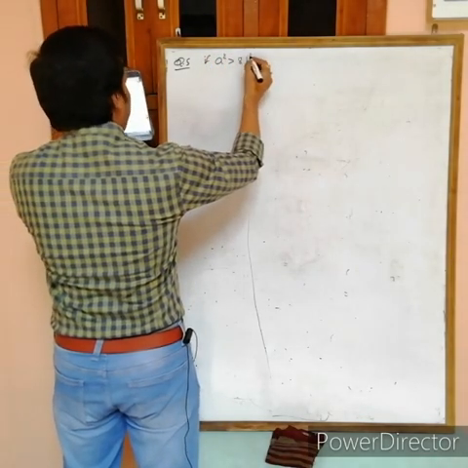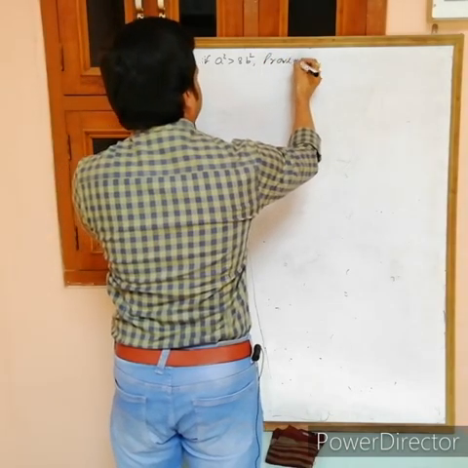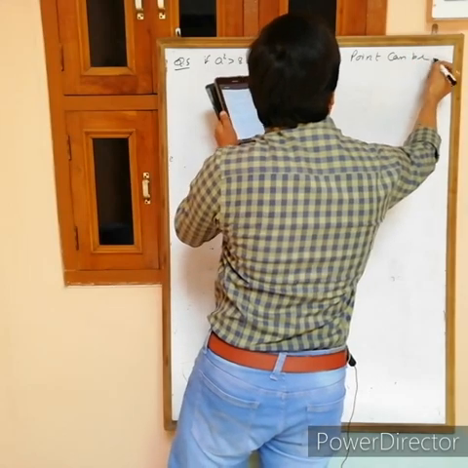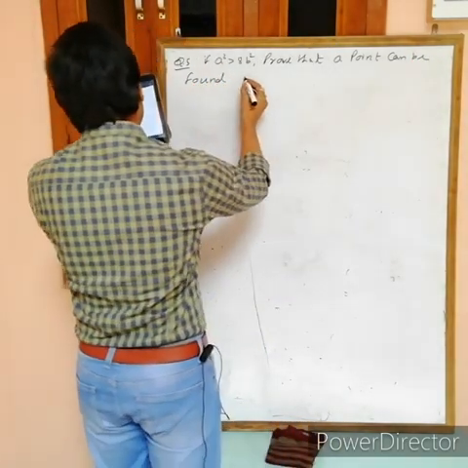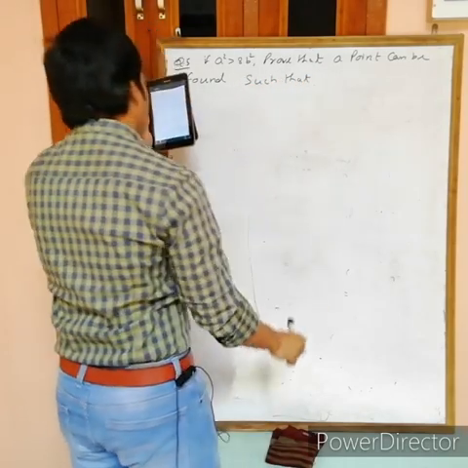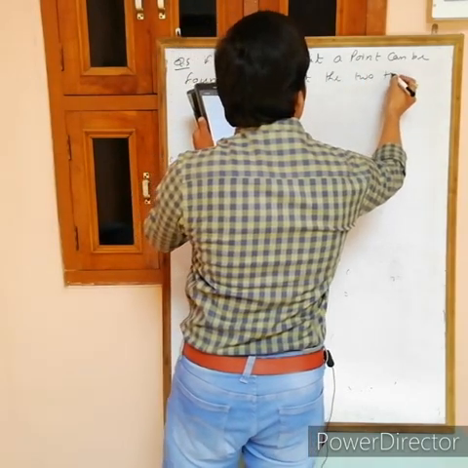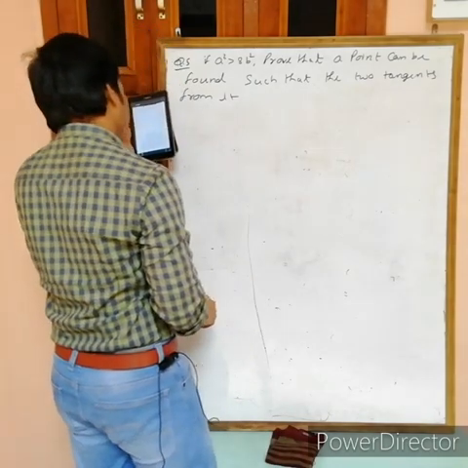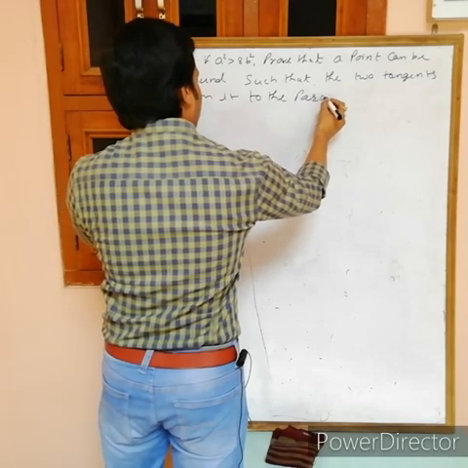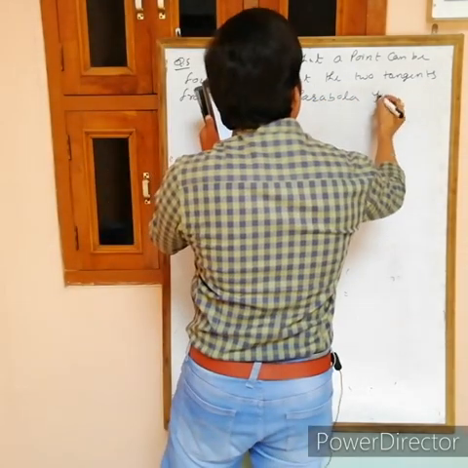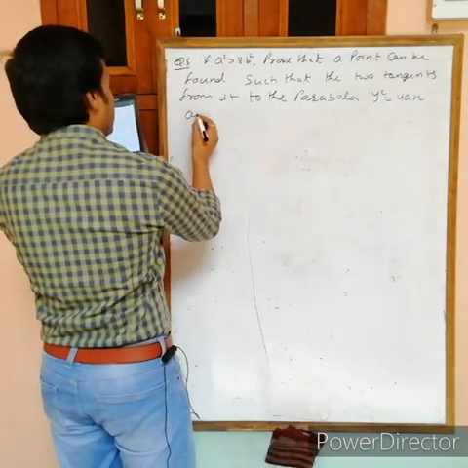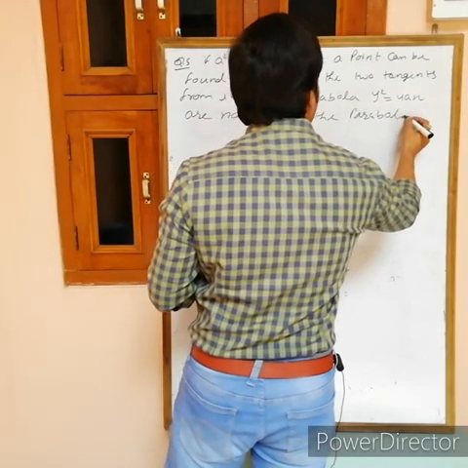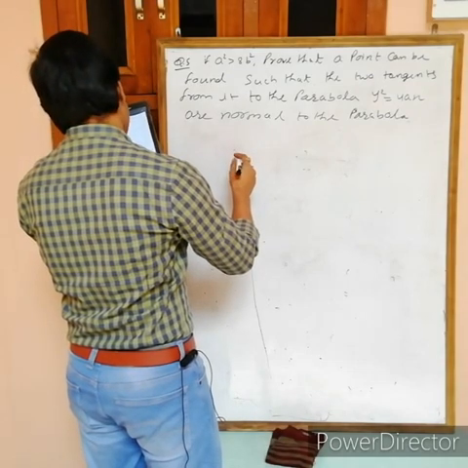If a square is greater than 8b square, prove that a point can be found such that the two tangents from it to the parabola y square equals 4ax are normal to the parabola x square equals 4by.